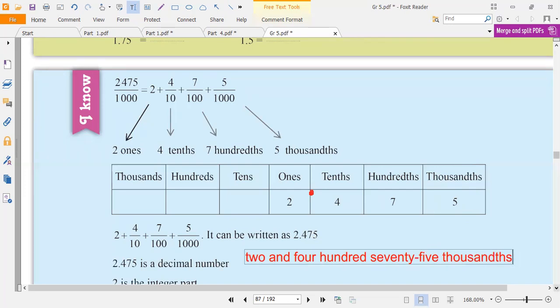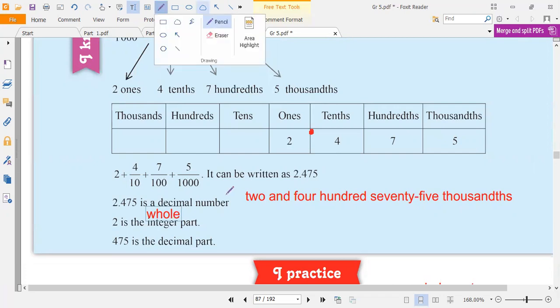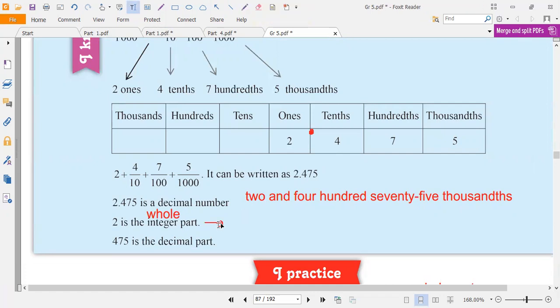And we should know that 2 is the integer part, or we say 2 is the whole part. The whole part is the part before the point. So before the point we have 2.